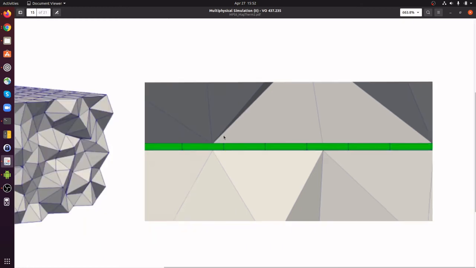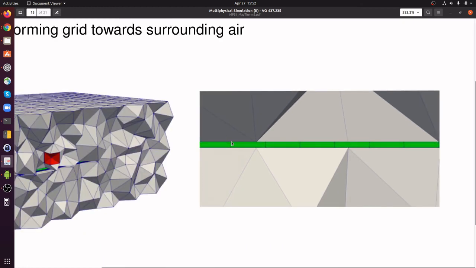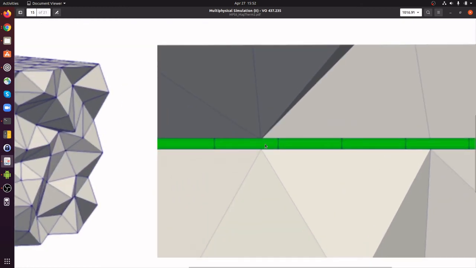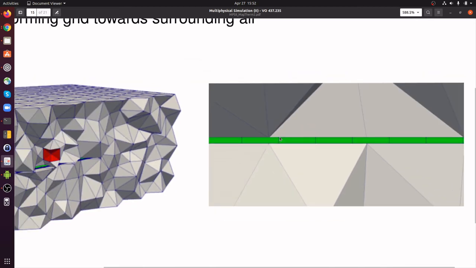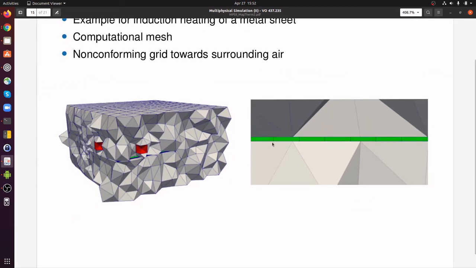So it was not simply a uniform discretization with 20 elements, but they were also getting denser towards the surface to resolve the eddy currents very well.